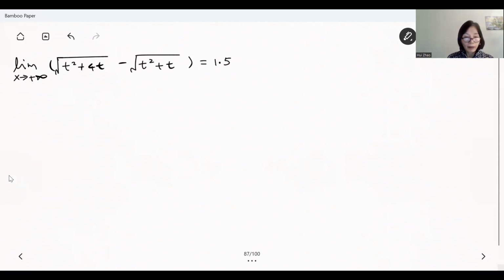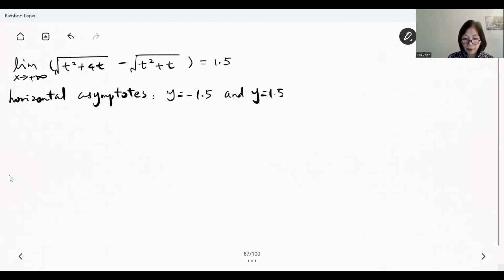Okay, similar. And we know there are two HA, the horizontal asymptotes. On the left side is y equals negative 1.5. The right side is y equals positive 1.5, right? The two HA, no VA, okay? No VA.